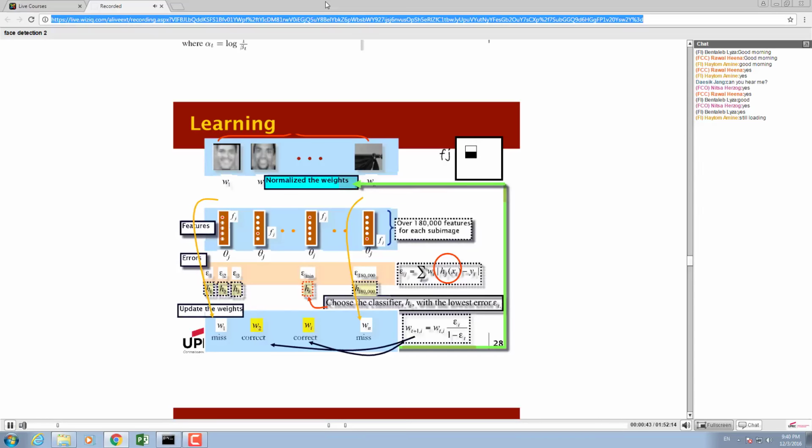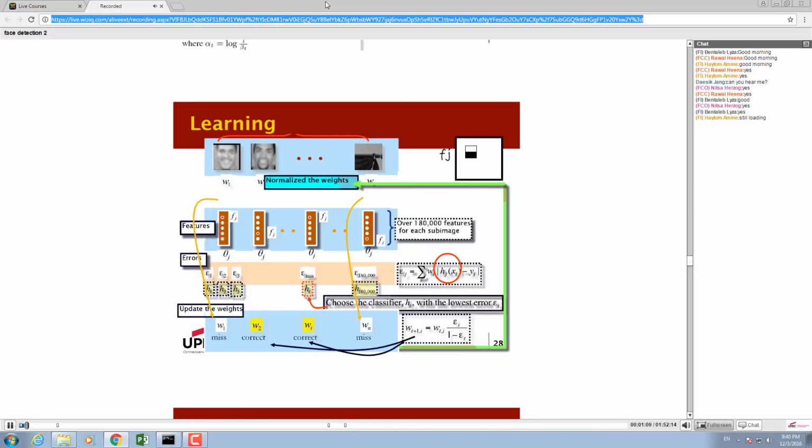In the beginning, we have to prepare the sample images. Here, the samples mean positive and negative samples, because this is supervised learning, right? In this example, the positive samples are the face images. Negative samples are the non-face background kind of images, okay? And we also have to prepare features.